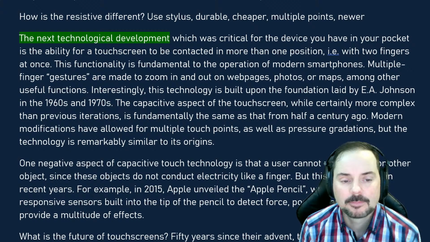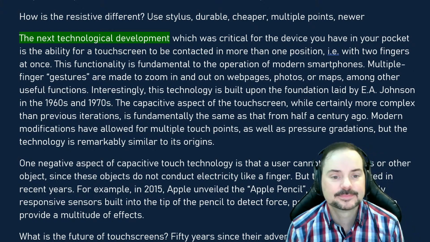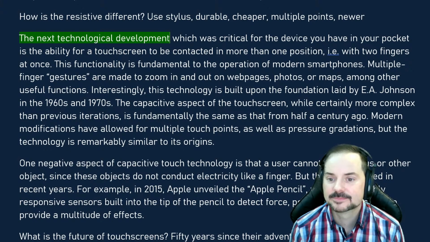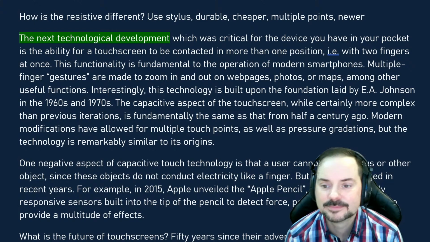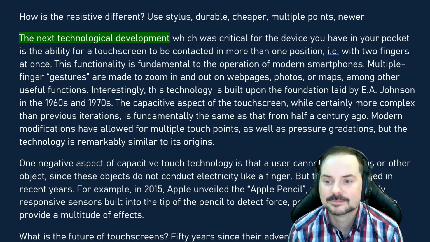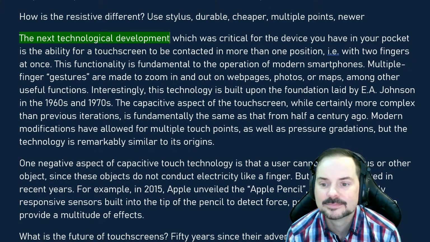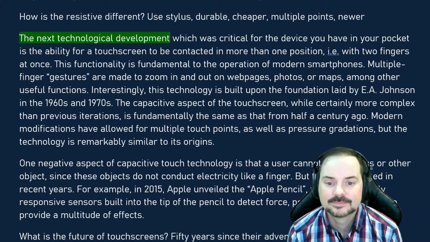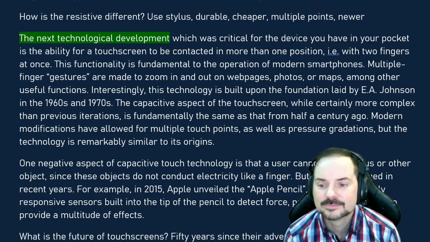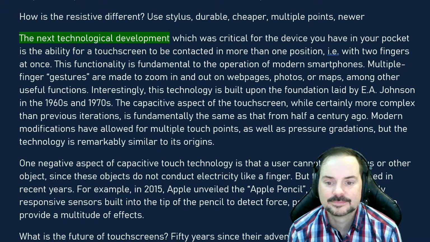The next technological development which was critical for the device you have in your pocket is the ability for a touchscreen to be contacted in more than one position, i.e. with two fingers at once. This functionality is fundamental to the operation of modern smartphones. Multiple finger gestures are made to zoom in and out on web pages, photos, or maps, among other useful functions.